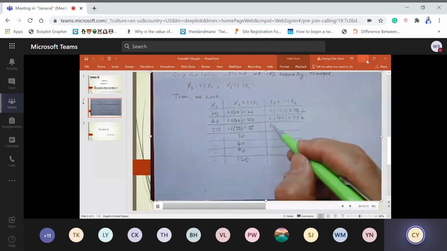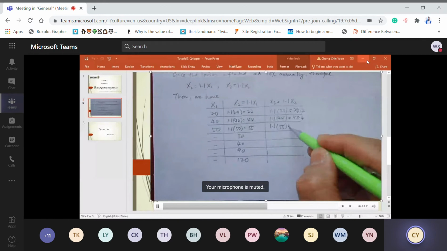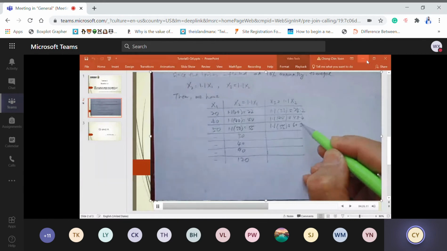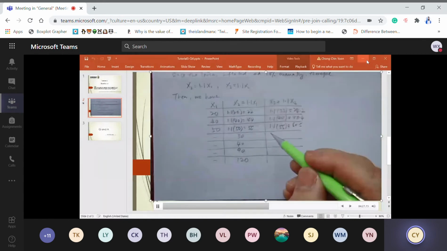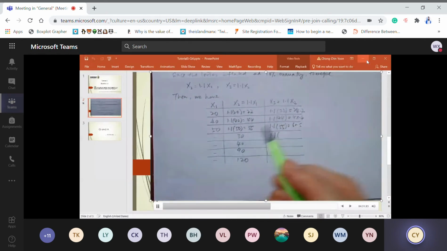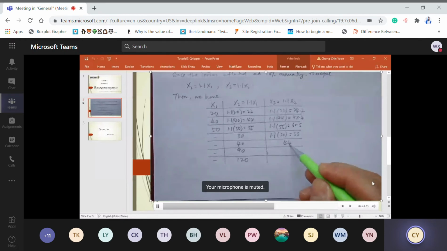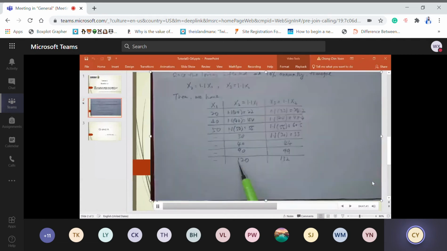And similarly 1.1 multiply 55, you will have 60.5. And similarly 1.1 multiply 30, so we will have 33. And so on, you will have 44, 99, and 132. When you take 1.1 multiply this x2 data, then you will have this.